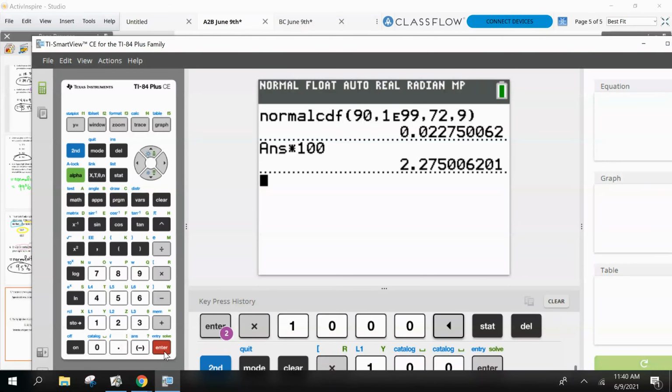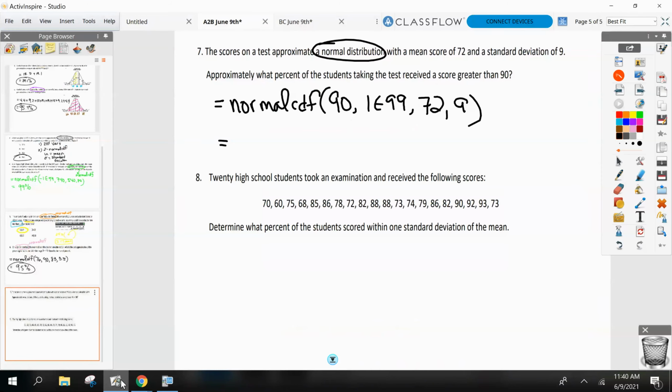So about 2.3. Make sure you get 2.3 after you multiply by 100. And then we'll save number 8 for quiz review Friday and Monday.